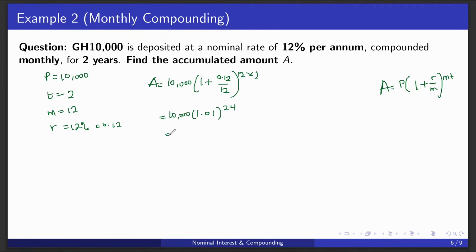So finally, we have 12,697.35 as our final answer for the accumulated value after 2 years of investing 10,000 at 12% per annum compounded monthly.